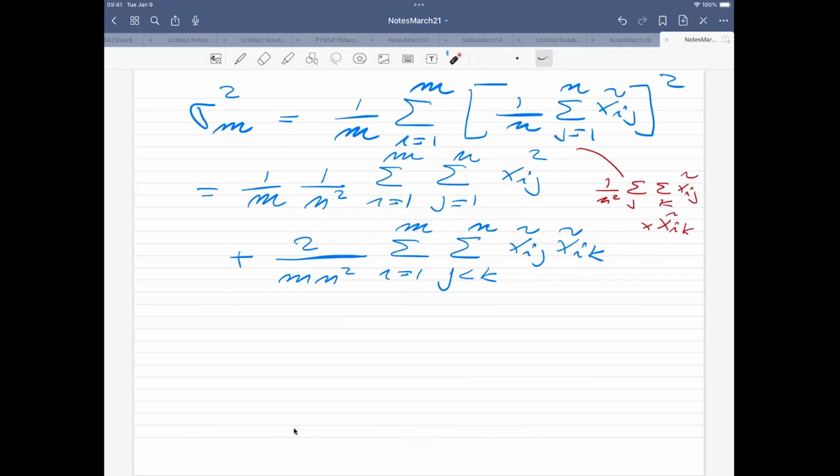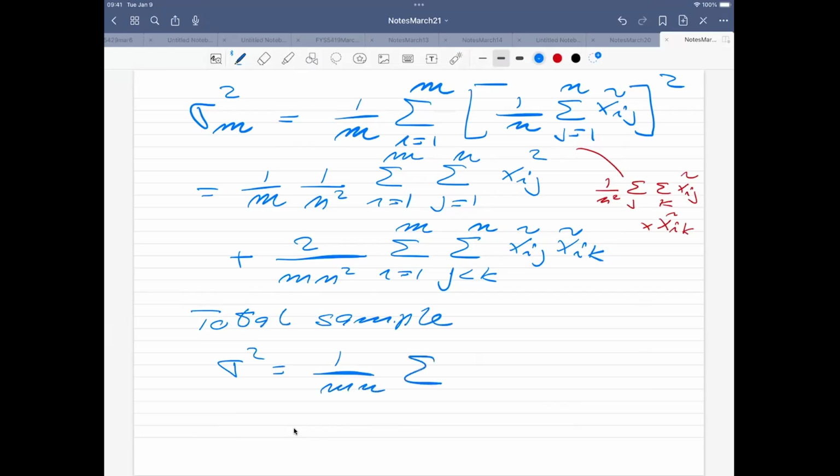Now, another thing which we need to look at is something which I will call the total sample variance. And then I'm simply taking all the experiments I have, and I call this quantity sigma squared, 1 over mn. So now I'm just setting this up, assuming that there are no correlations in the data.